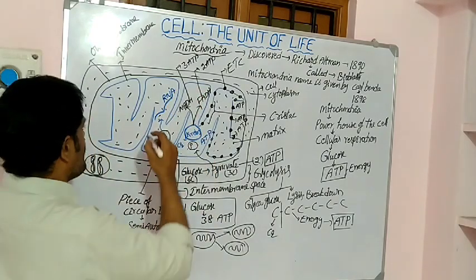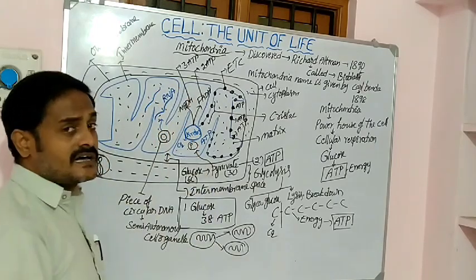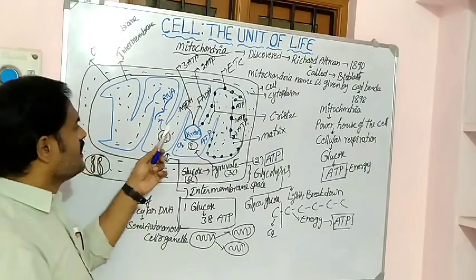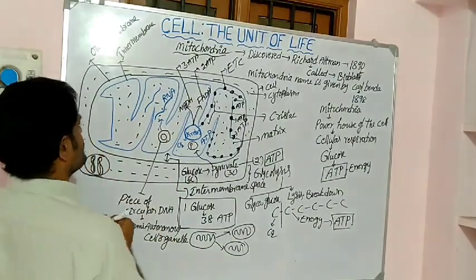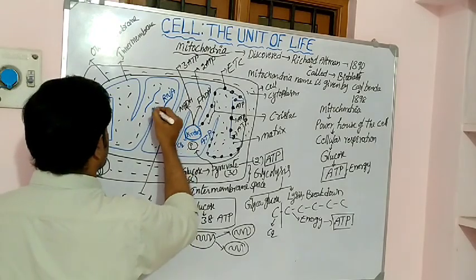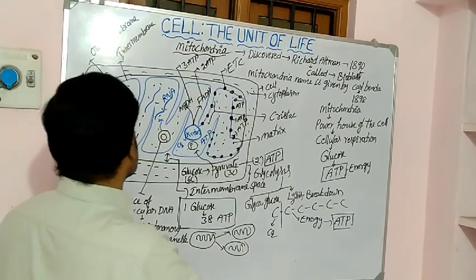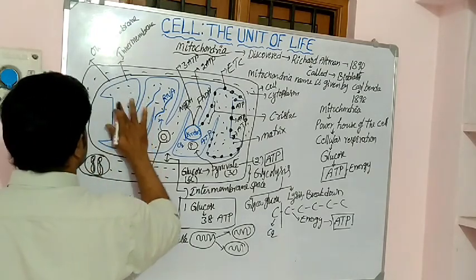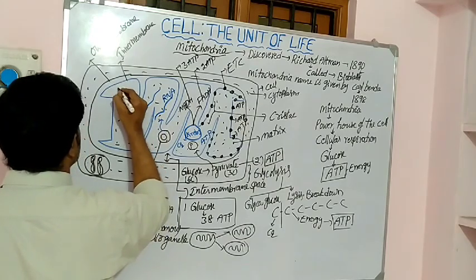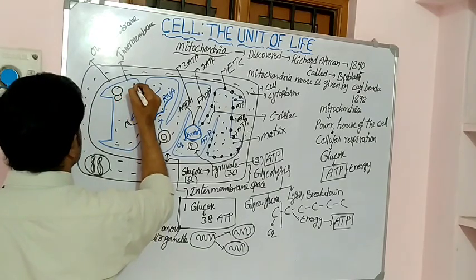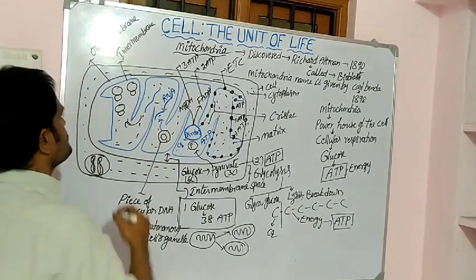Then this RNA forms the ribosomes in the matrix of mitochondria, like this. See, these are called what?